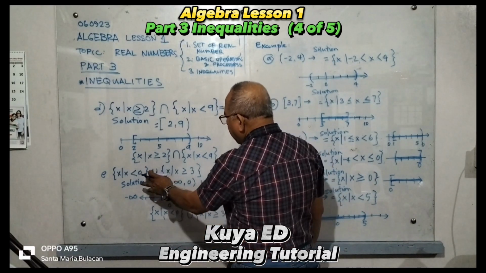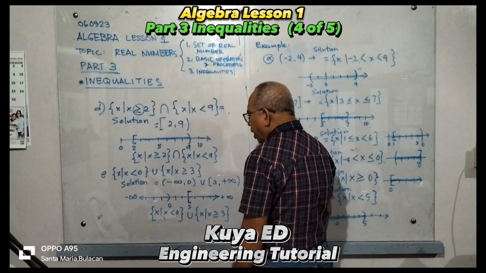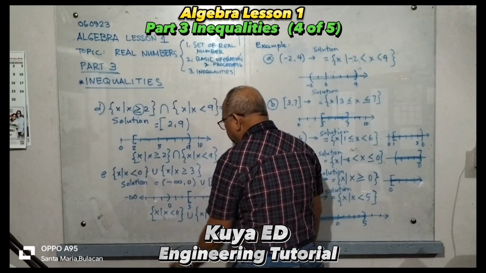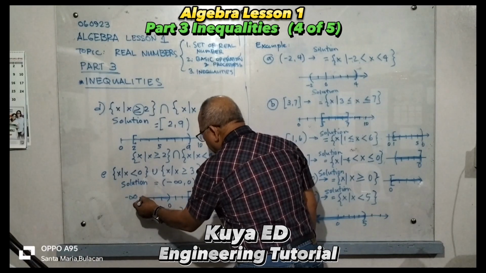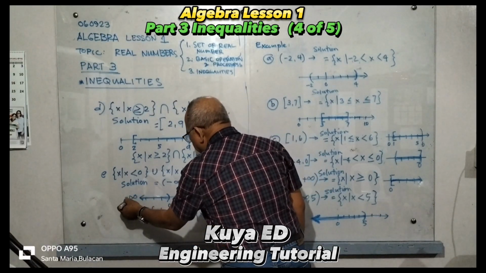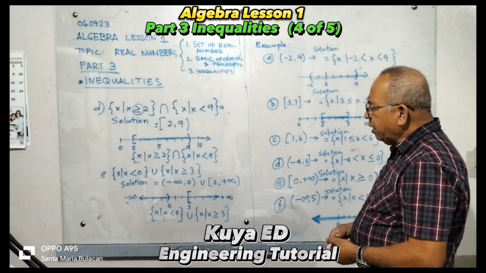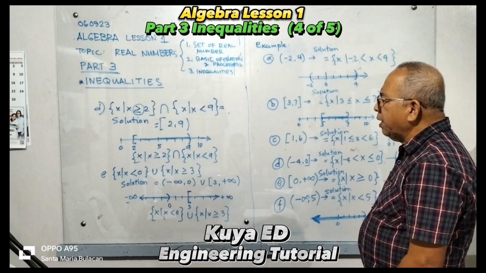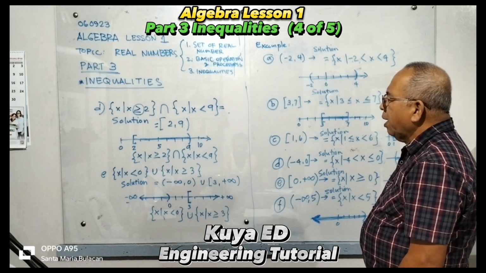Okay, and since x is less than 0, going to that direction, that is also a negative infinity. Okay, so that is how we express what we call inequalities.